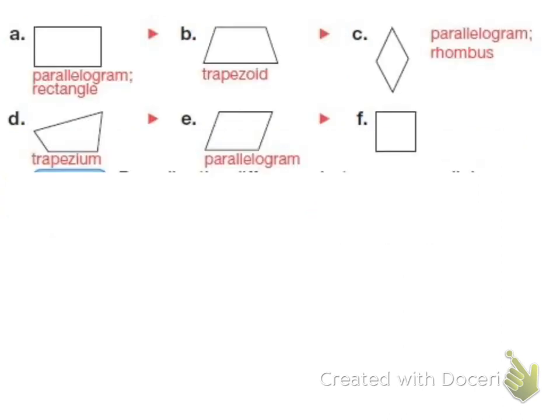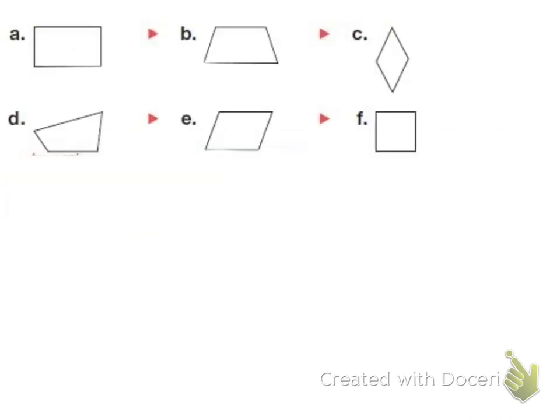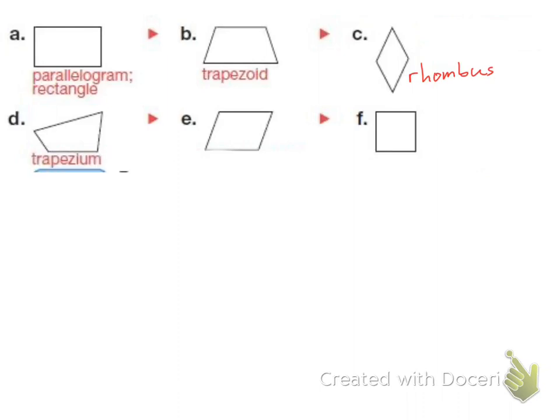Let's go ahead and name these shapes. This one could be a parallelogram or a rectangle. This next one could only be a trapezoid. This third one is a rhombus. D is a trapezium.